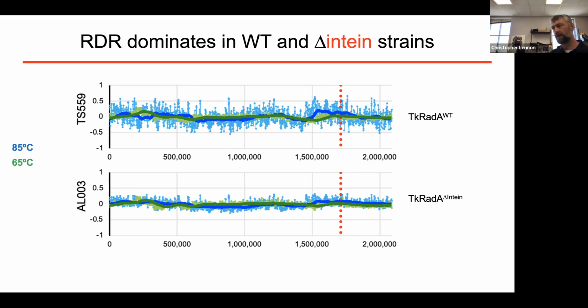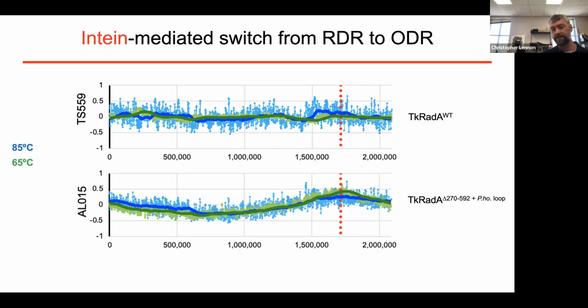However, when we look at this AL15 strain, where we have this accumulation of precursors, so we have about 50% of the normal Rad-A compared to wild type, we see a clear enrichment here that gets more enriched as we go to this lower 65 degrees C, right?